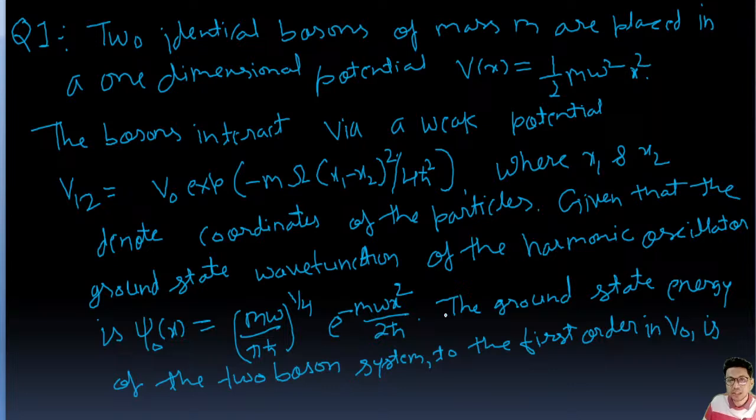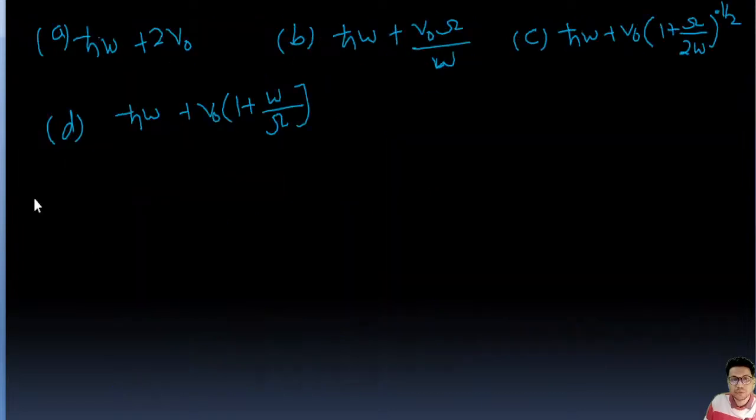The ground state energy of the two boson system to the first order in V naught is, okay, we need to find out the ground state energy. So very good question. I will explain it. So now I'm going to solve it.